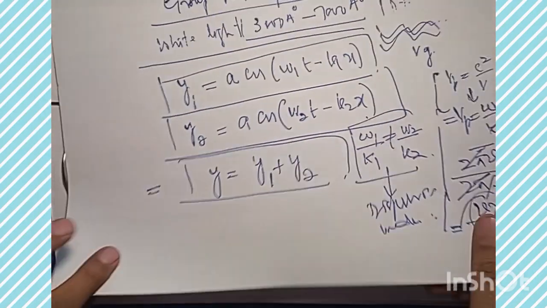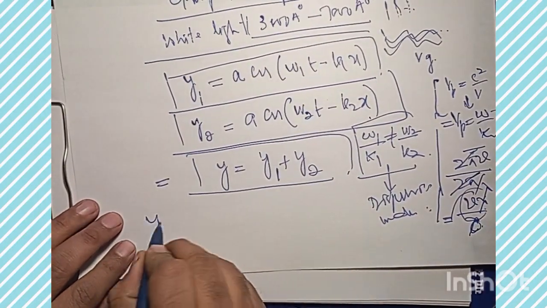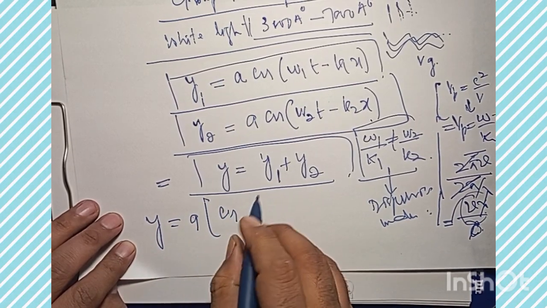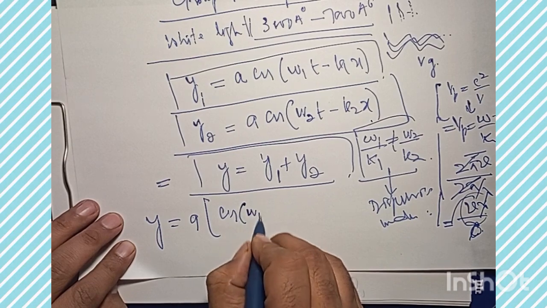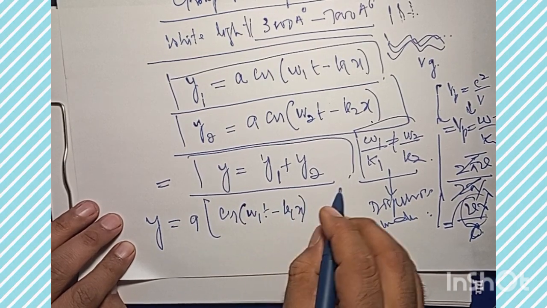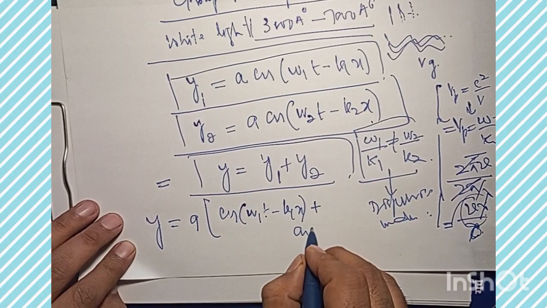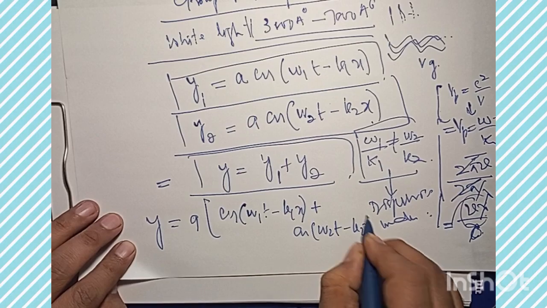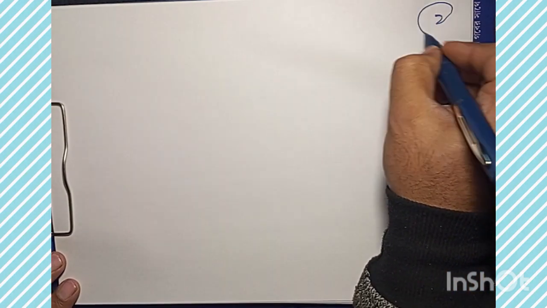So in order to move further from this point, to calculate this y, a will be out, and what we will have is cos(omega1 t minus k1 x) plus cos(omega2 t minus k2 x). So this will be the result of applying the superposition principle at this stage.